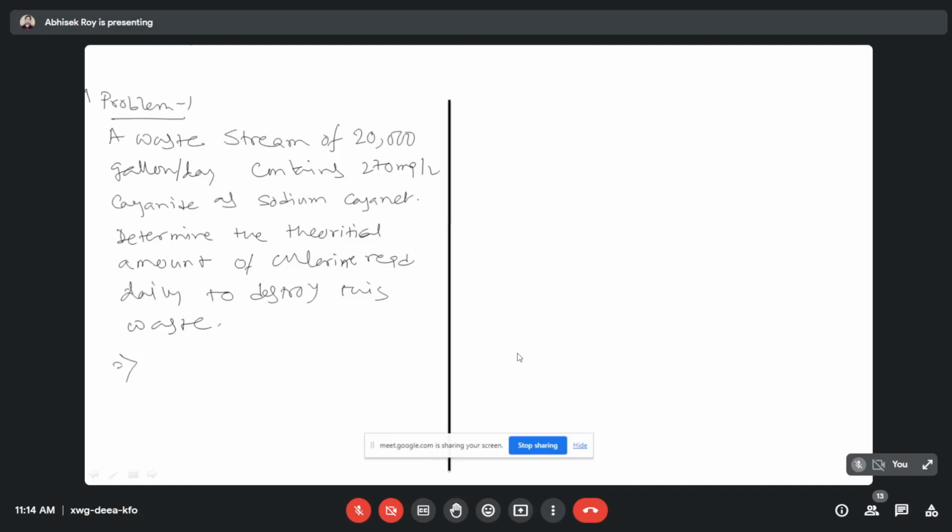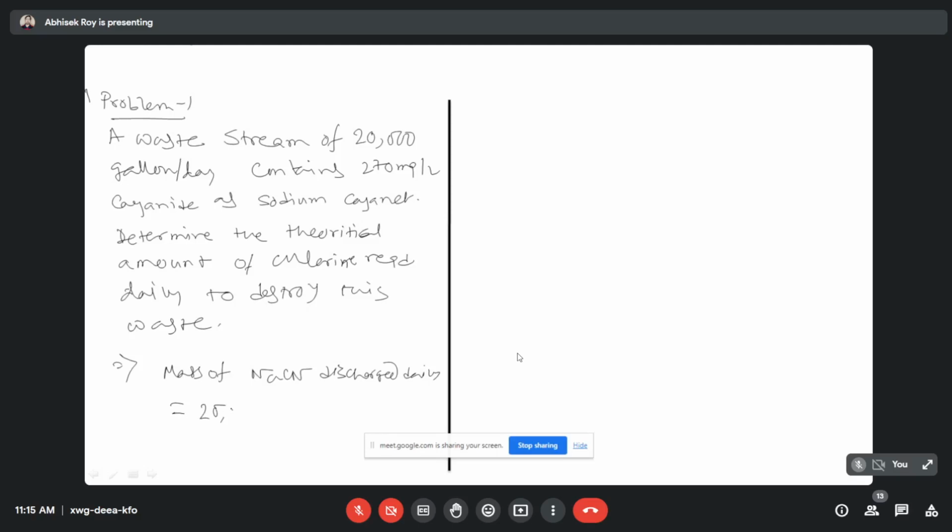So now first we will calculate what is the mass of NaCN discharged daily. What is the flow?